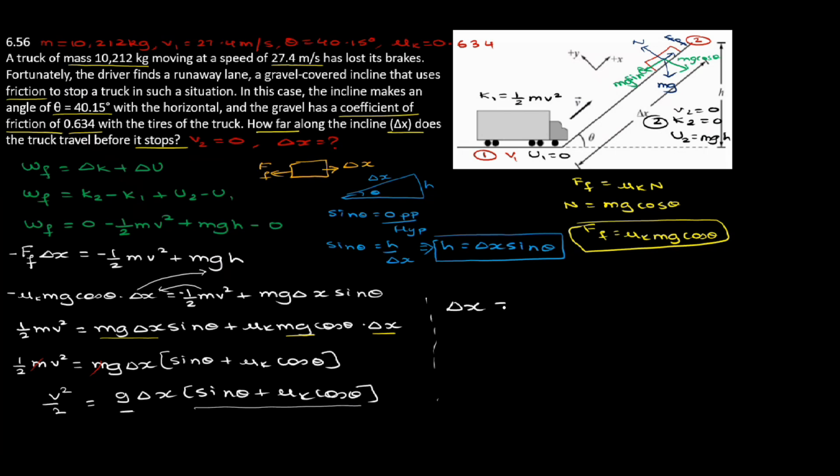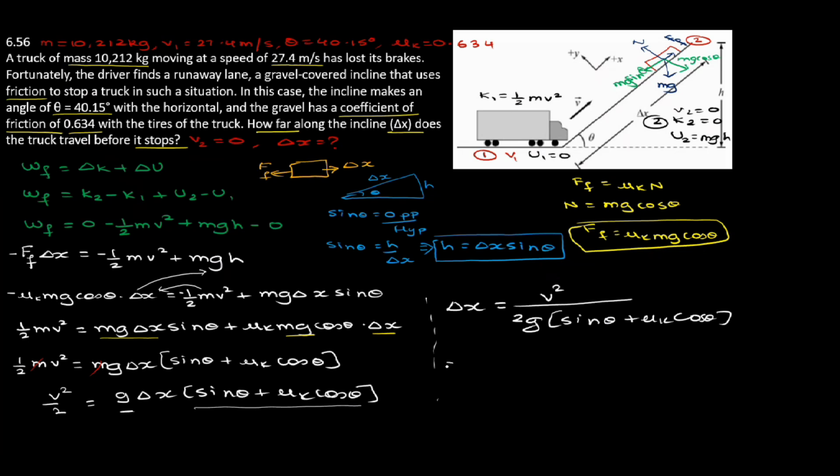Delta x will be equal to v squared over 2g times sine theta plus mu k cosine theta.